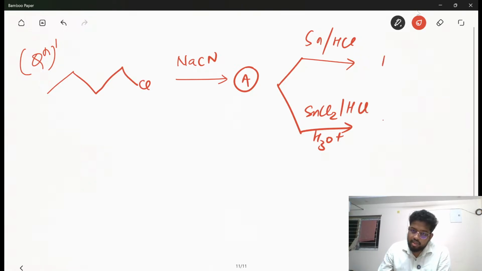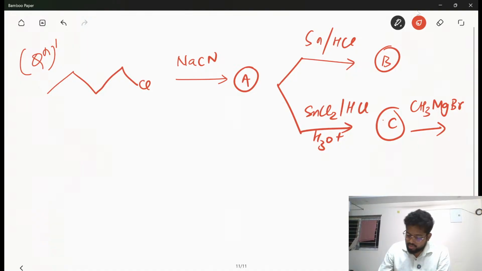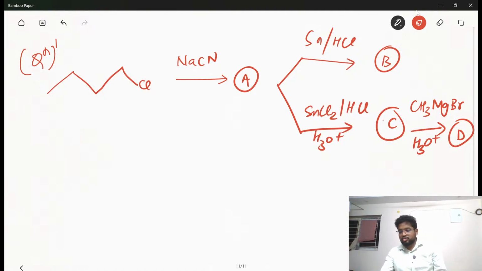Now here you got B, here you got C. This C is further reacted with Grignard CH3MgBr and gives us the product D, followed by hydrolysis. So this is the first question all of you have to attempt.